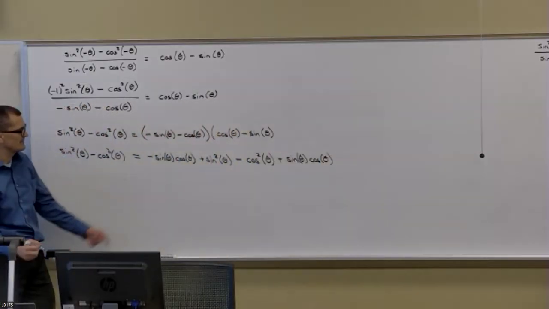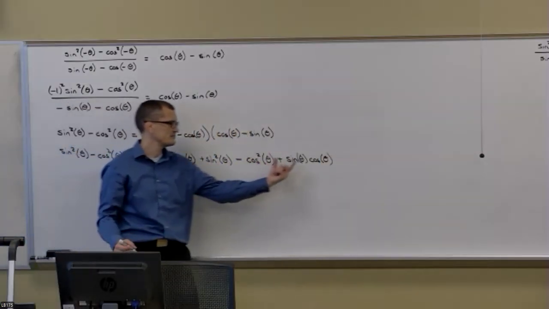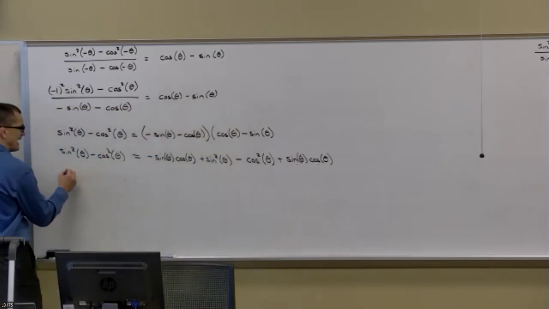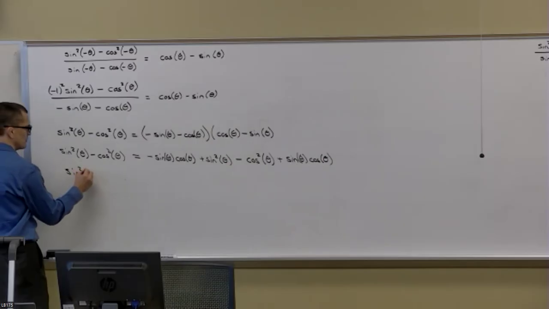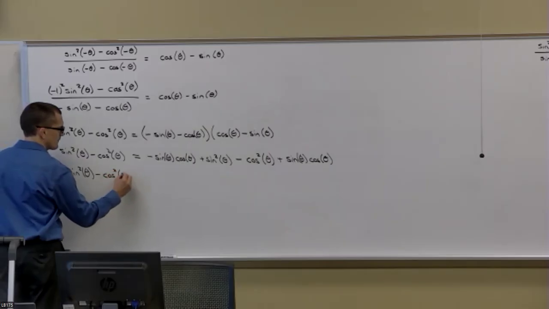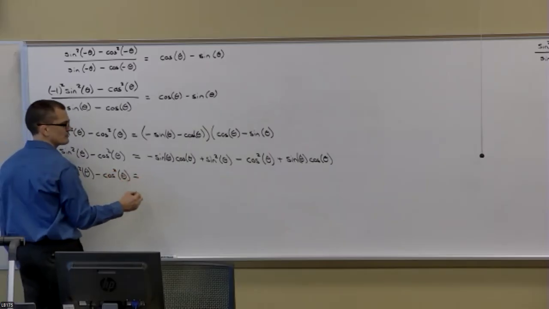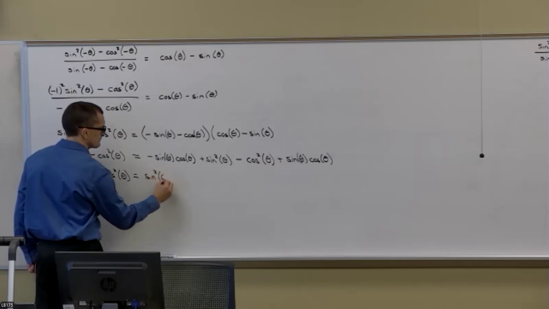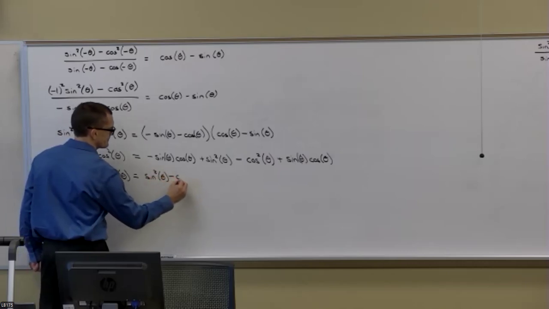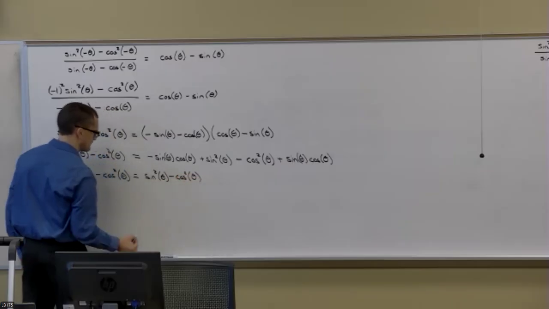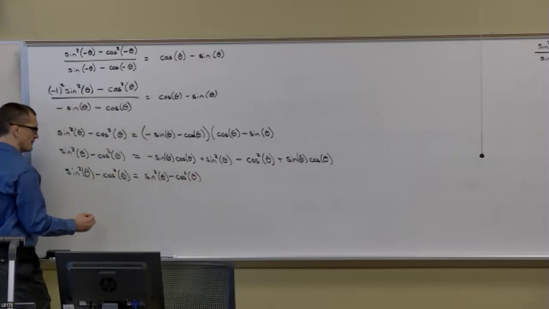Notice what's going to happen. This term and this term are going to cancel each other out. And I have the exact same expression on both sides: sine squared minus cosine squared equaling sine squared minus cosine squared. Okay.